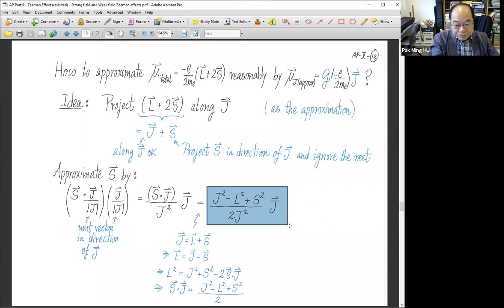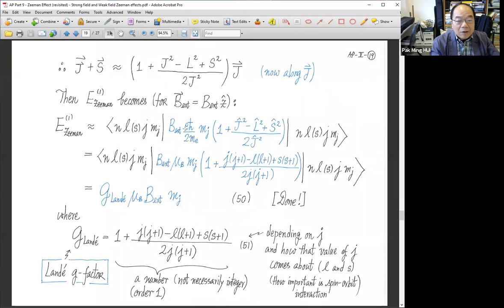Then what we are saying is that we will make this approximation. J plus S formally is not parallel to J. We ignore the part that is the perpendicular component to J, neglect that, and only take the part that is along J. At least we take into account something of the extra term S. And that is this part.